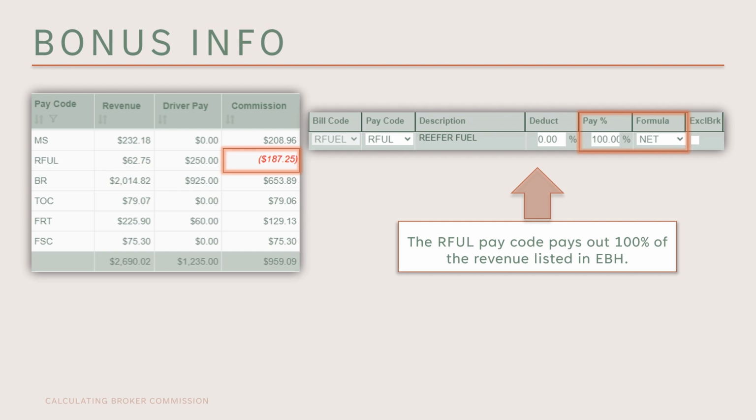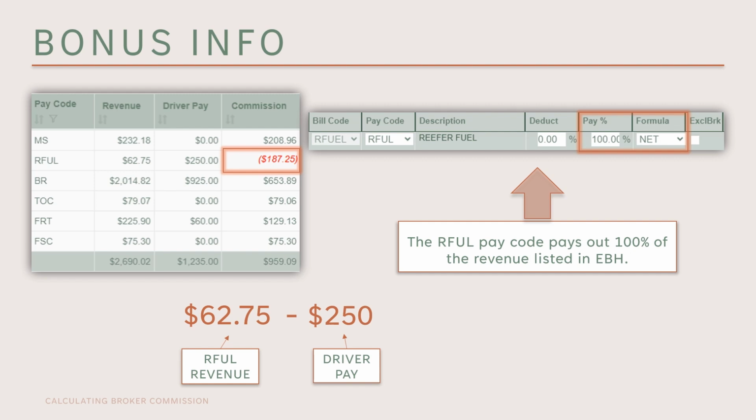So anytime an agent pays a party more than their contracted rate, they will be deducted for it. And figuring out that deduction amount is pretty simple because we know it's at 100%. So anything over 100% of what they paid, the agent will be deducted 100% of that. So we could take the revenue for the reefer fuel here, which was 62.75.